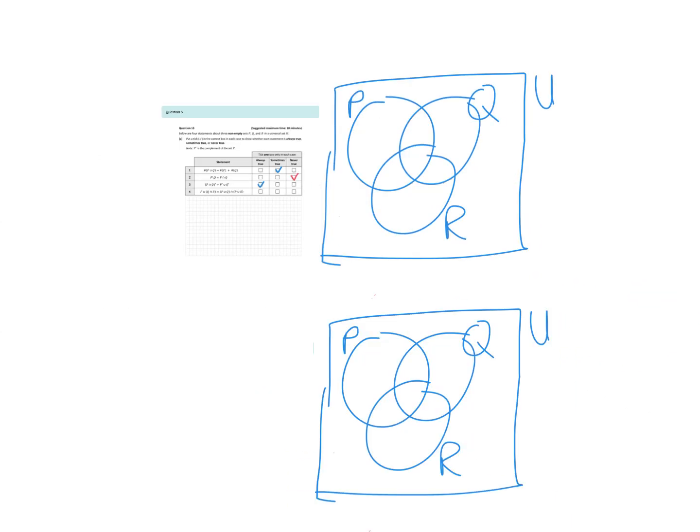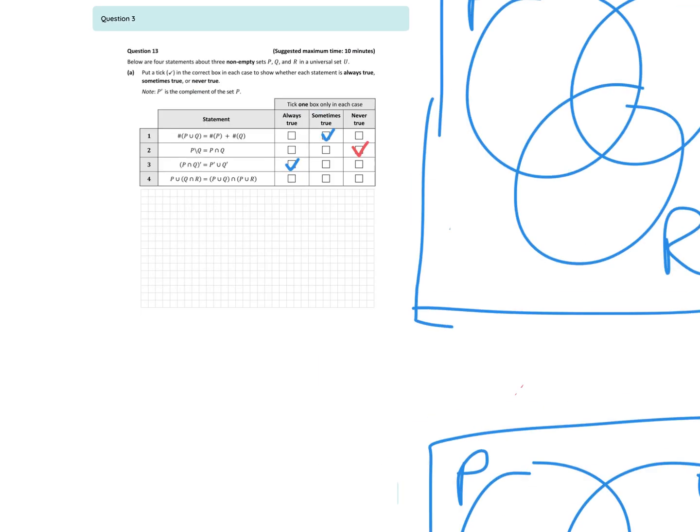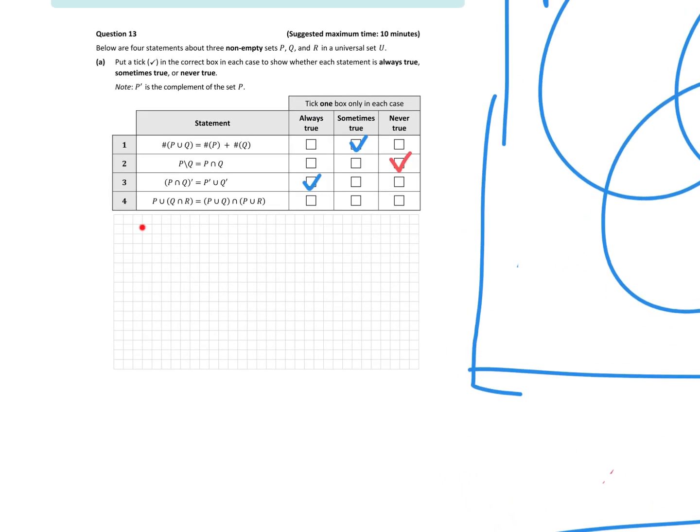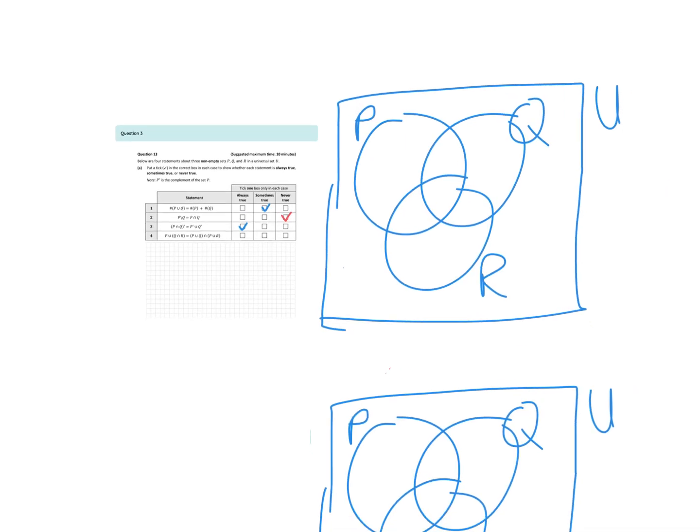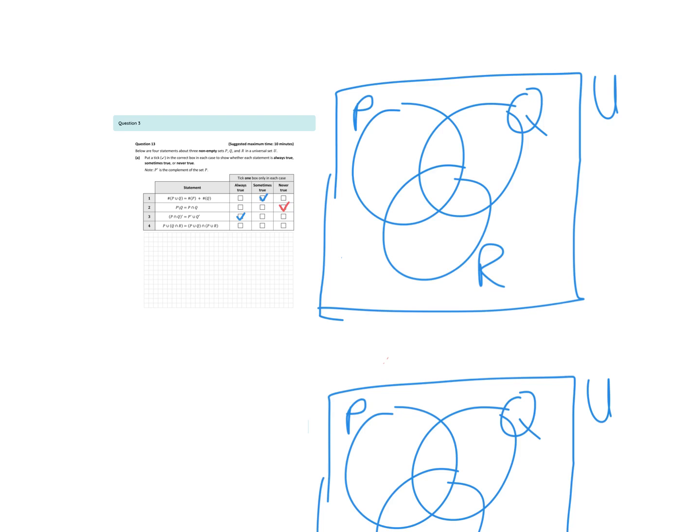So for the final question, it brings in a third set R, which is also a non-empty set. So the left hand side, P union Q intersection R. We're going to shade in the intersection Q intersection R, and we're going to add on the set P. So Q intersection R looks like this, and we're adding on the set P. All of P, not just the bit, that's P alone.